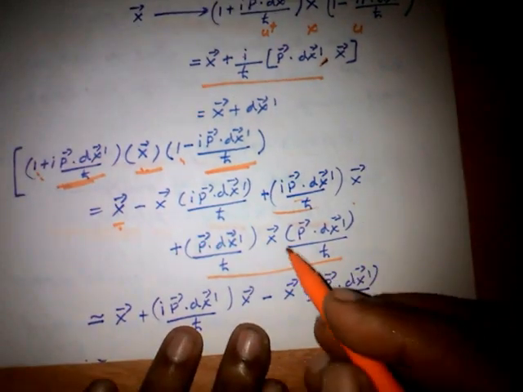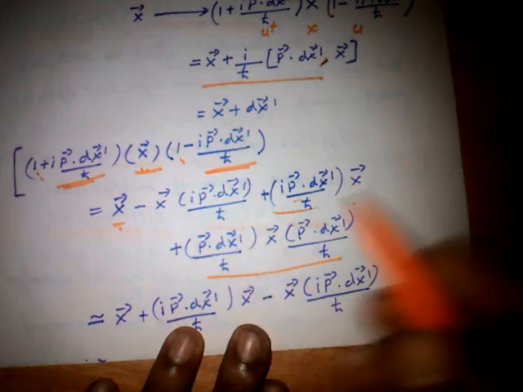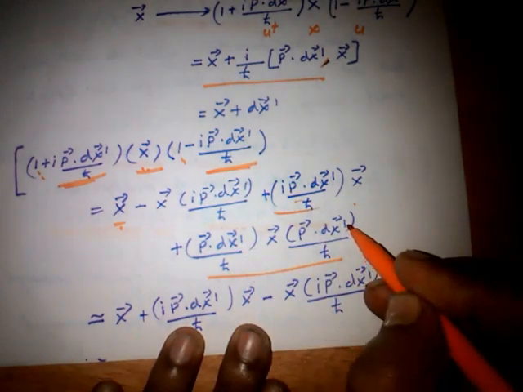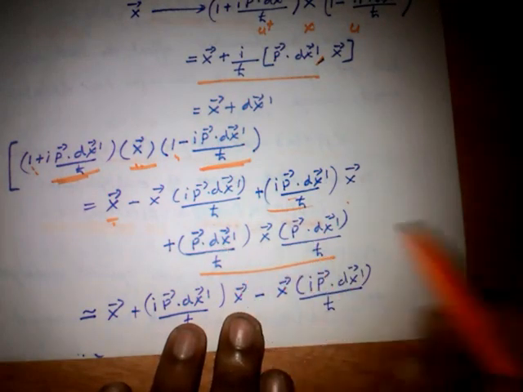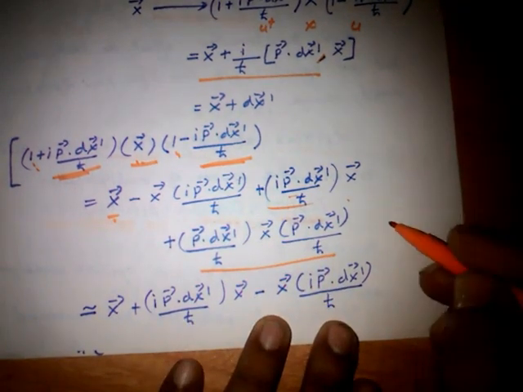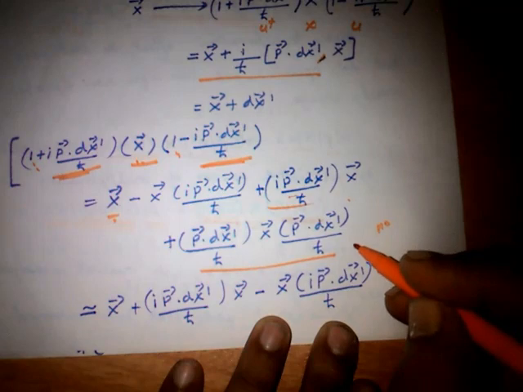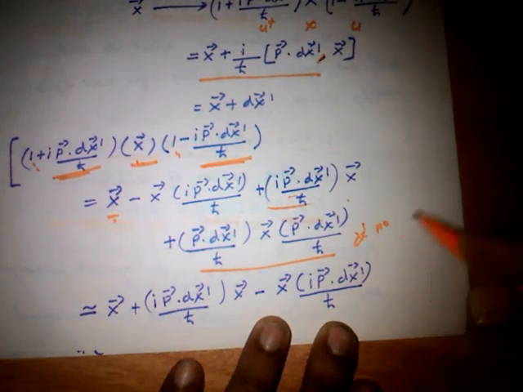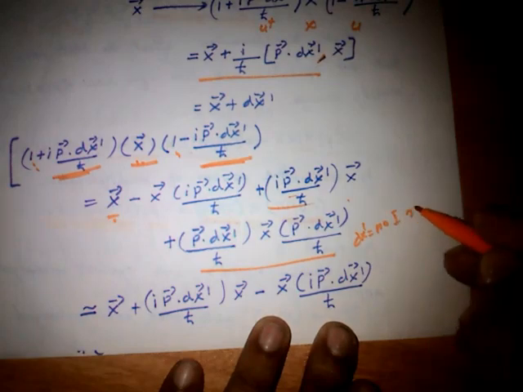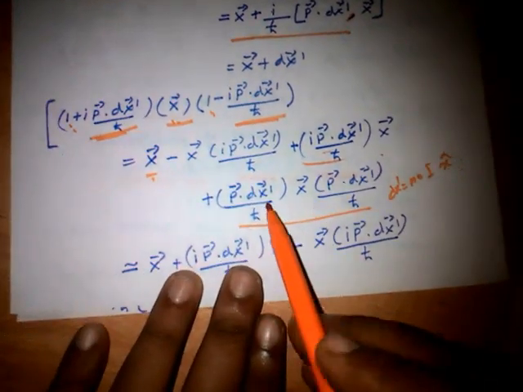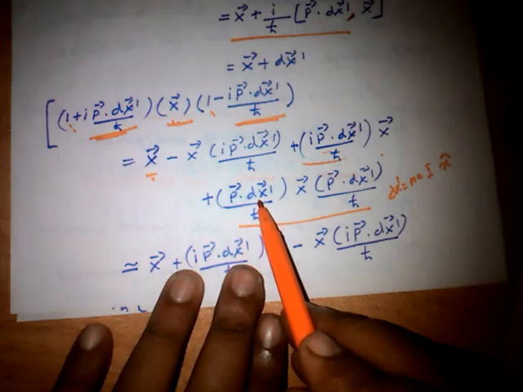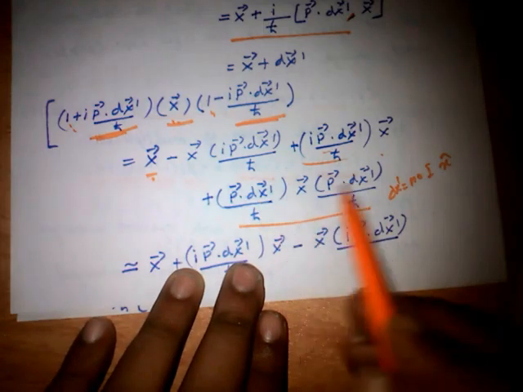Look at this term here. The operator dx' comes twice, so dx' is multiplying itself. That means dx' is a number; dx' is an infinitesimal translation. This is a small distance, equal to a number into an identity operator in some particular direction, so it doesn't matter where we use this operator.